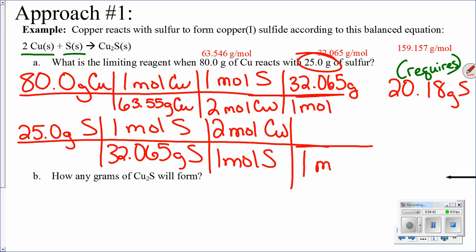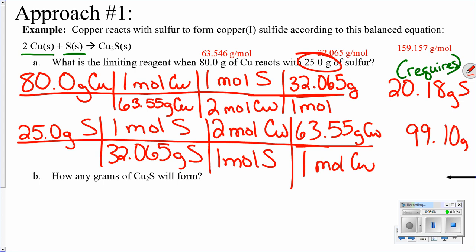So 1 mole of copper is 63.55 grams of copper. So if I go ahead and punch these into my calculator, 25 times 2 times 63.55 divided by 32.065 gives me 99.10, sorry, 100 grams of copper that I would require.